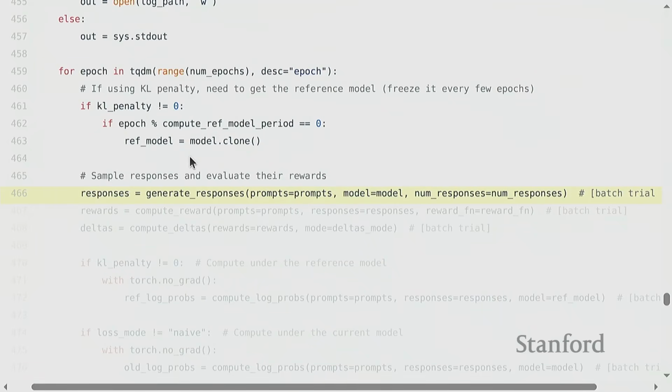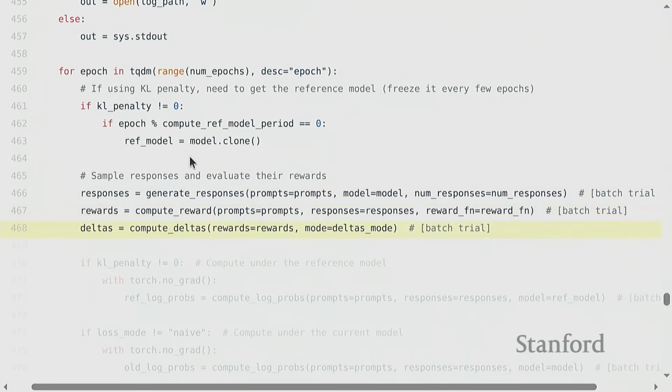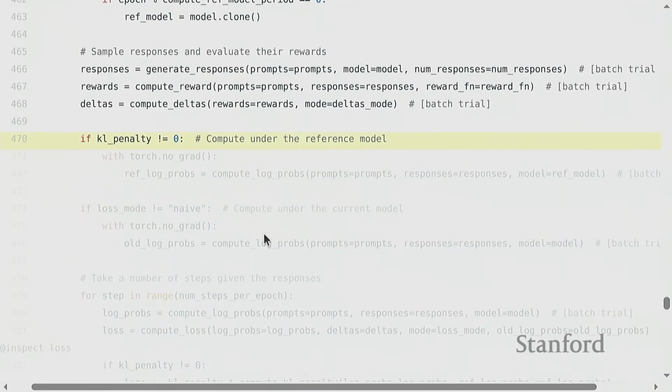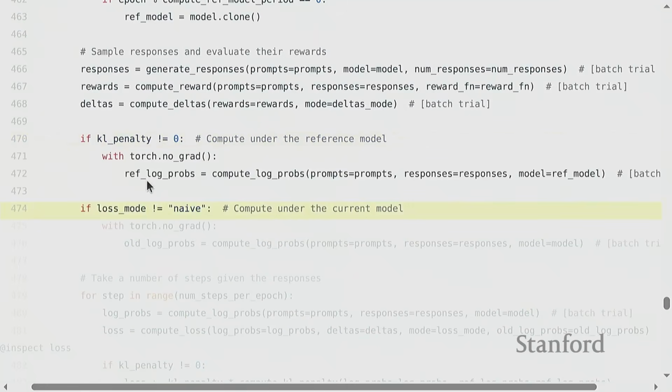And then otherwise I sample the responses. We talked about this. We compute the rewards. We compute the deltas, depending on what variant flavor you like. And if you're doing the KL penalty, then you also need to compute the log probs under the reference model.